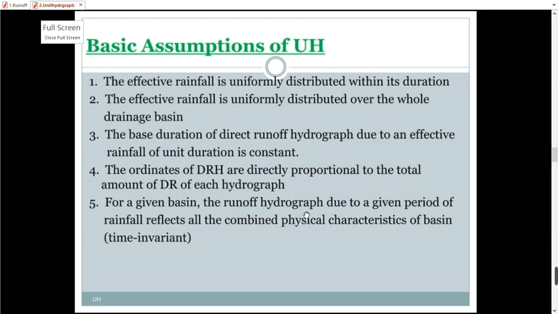The direct runoff hydrograph due to a given period of rainfall reflects all the combined physical characteristics of the basin.